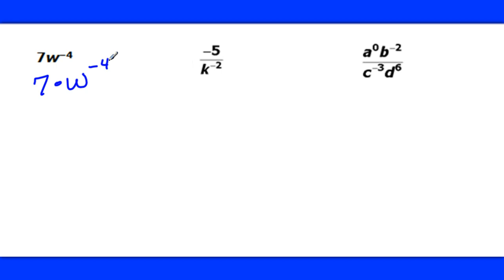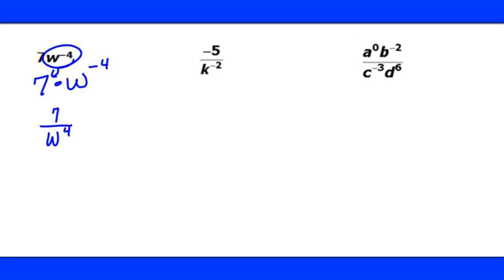So that negative exponent only goes to the w. So in this case, this is going to be 7 over w to the 4th. This is the only part that moves, and it moves down. If I wanted the negative 4 exponent to go to the entire 7w, I would have needed to put the 7w in parentheses.